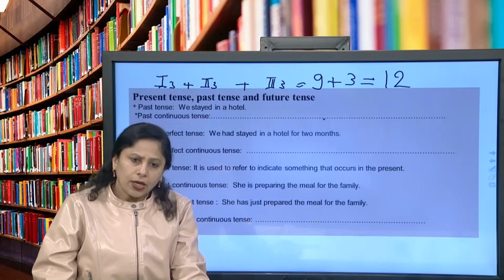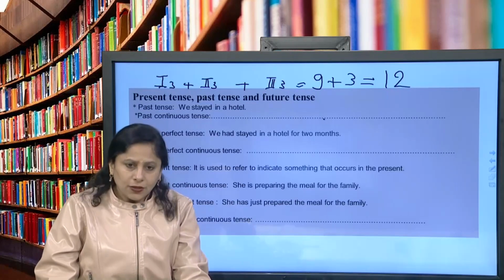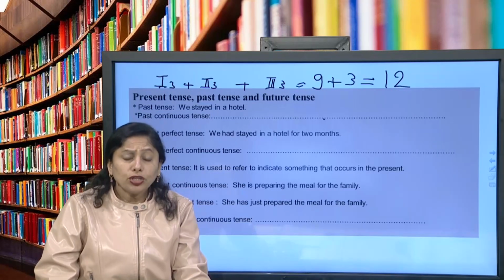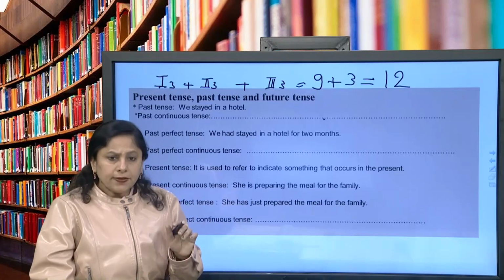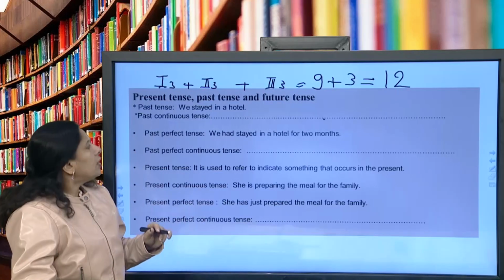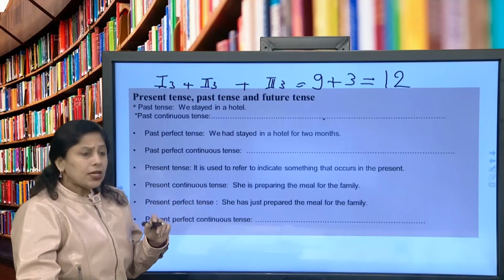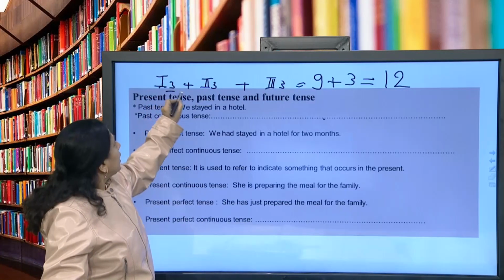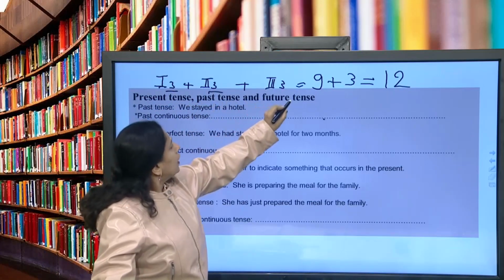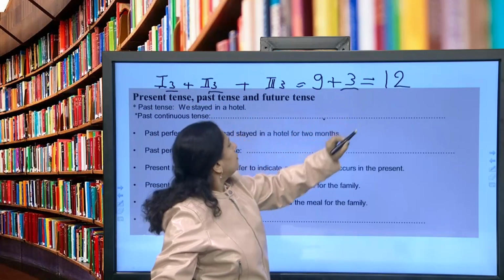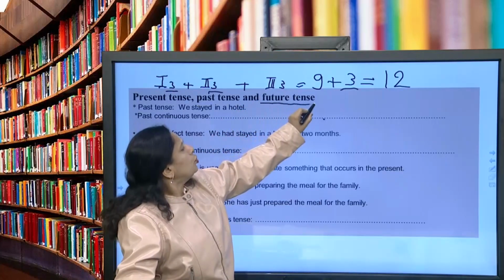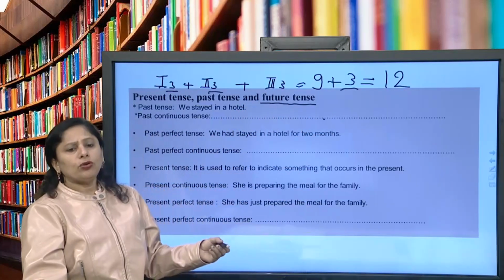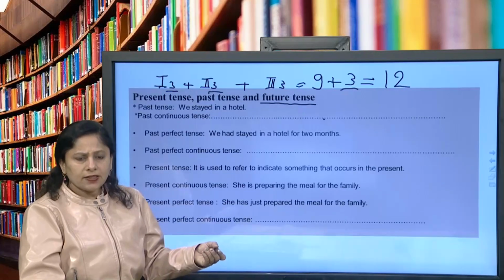Now the thing is that you learn 12 tenses. It is true, you can learn, you should learn, you must remember, but what you use will stay in your memory. So basically you are regularly using only a few of these tenses. It doesn't happen that you speak too much in future tense, because we do not know what would happen in the upcoming days.